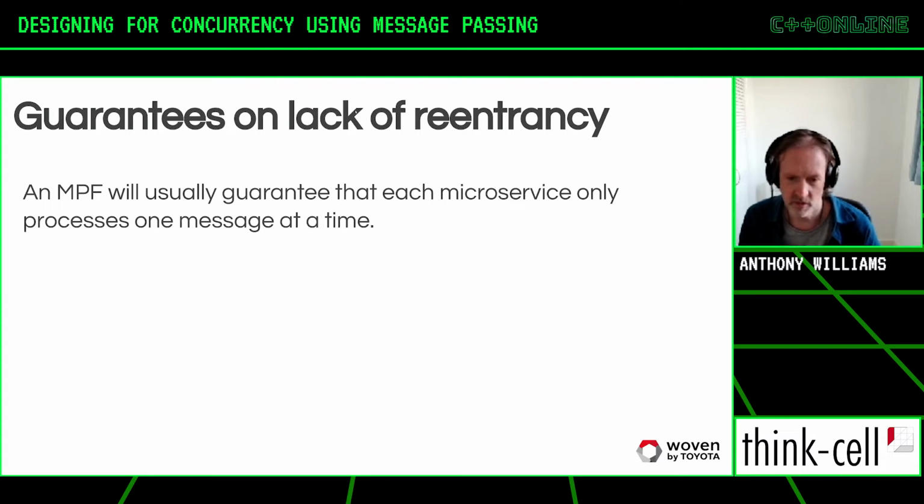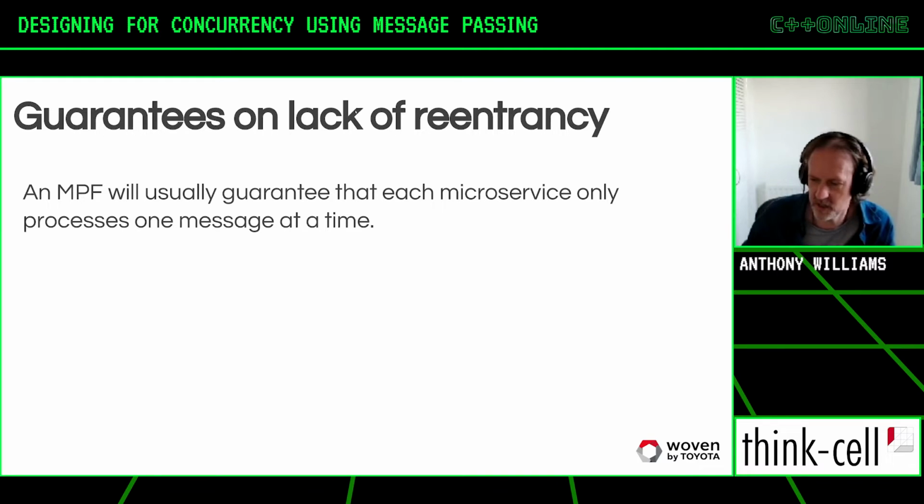So you say, if I receive this message, call this function. If I receive this other message, call this different function. If I receive a third type of message, call this third function. Together those three things provide a microservice, and I only want it to be processing one message at a time. And usually your message framework will provide you a guarantee that you can do that.